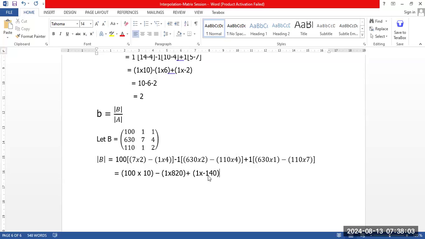So finally, you can also put everything on your calculator. Open bracket 100 times 10 close bracket minus open bracket 1 times 820 close bracket plus open bracket 1 times negative 140. What do you have?